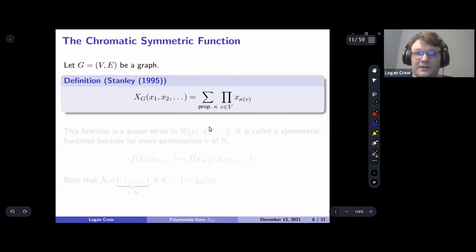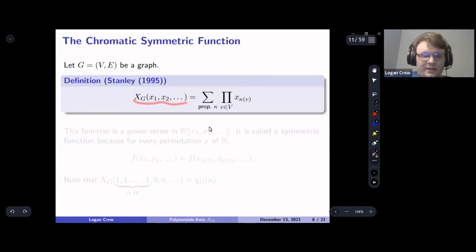So the first thing you might ask when I say chromatic symmetric function is, what is symmetric about it? I'm going to get to that in a second. So first of all, this function is not a polynomial. It is going to be a function. We'll use X because X is kind of the bigger version of chi. At least that's, I think, the rationale.